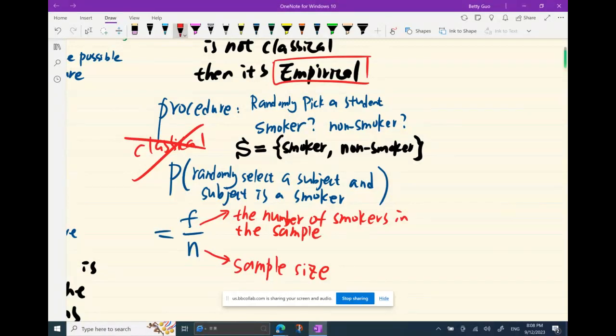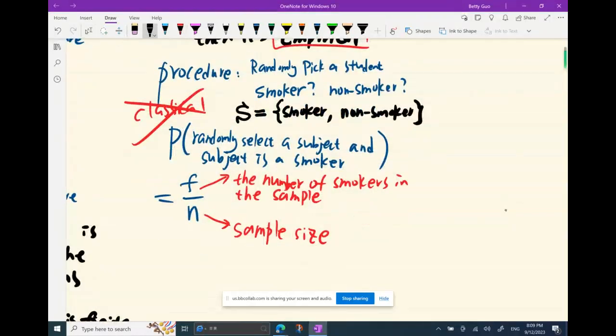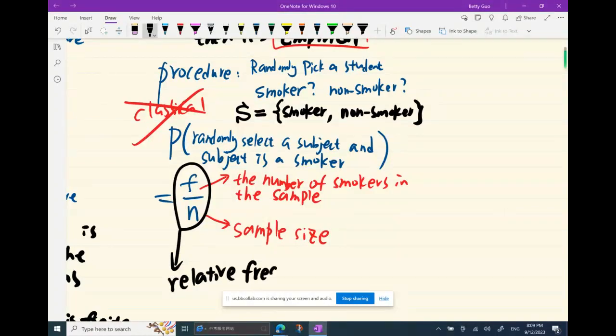So the probability of randomly selecting a subject from the sample, and the subject is a smoker, actually is the relative frequency. Do you guys remember relative frequency? A relative frequency.